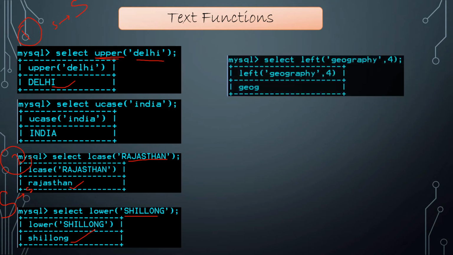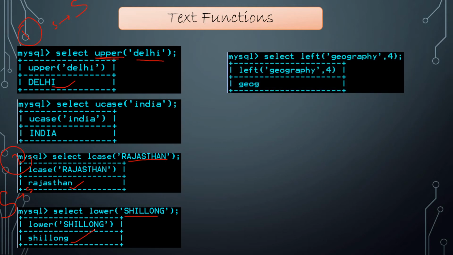Next we have left. If I want to fetch a slice of my string from the left side, meaning from the starting one, I will use the function left. We also have to give how many digits I want to fetch. So first write the string, then a comma, then how many digits you want to fetch.